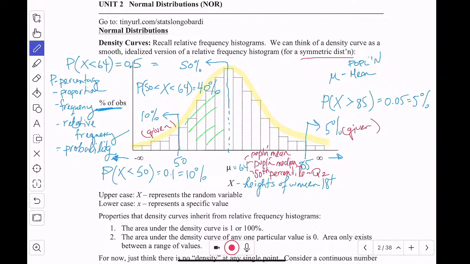What do we call 50 here? What would 50 be called? What do we call 50?